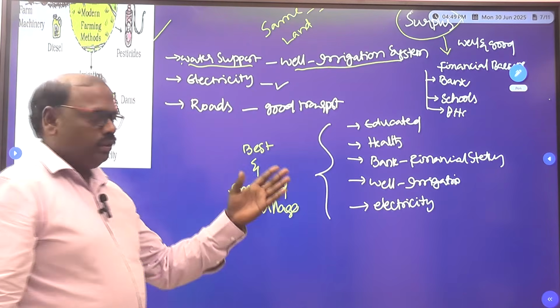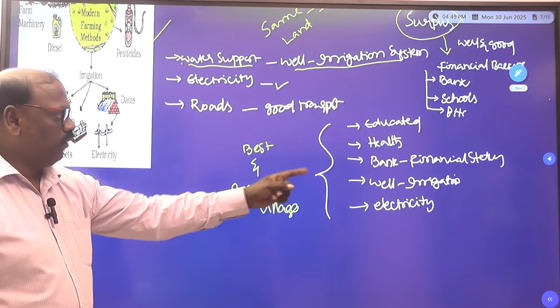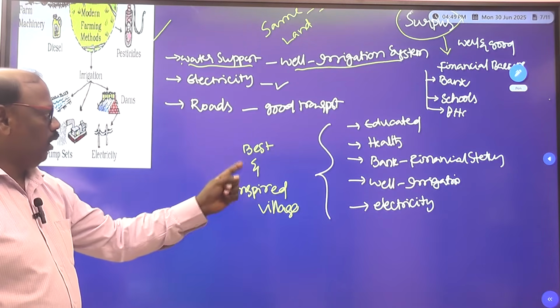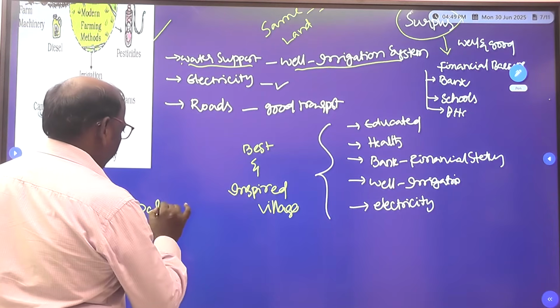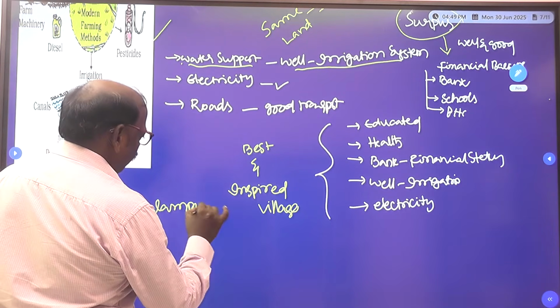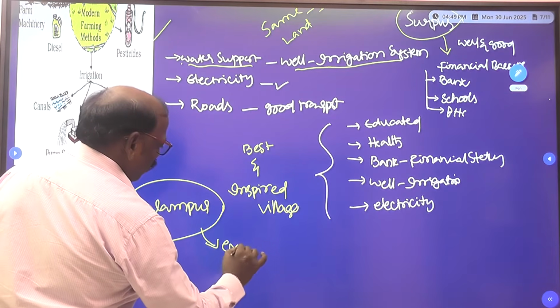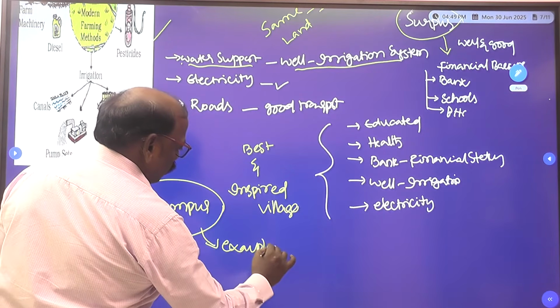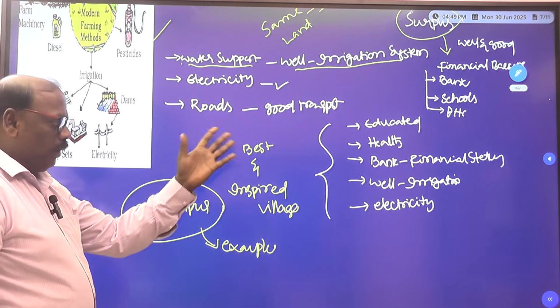Yes or no? Just observe it. So there is education, health, bank, financial status, well irrigation system, and that's why Palampur is taken as an example for agriculture and farming.